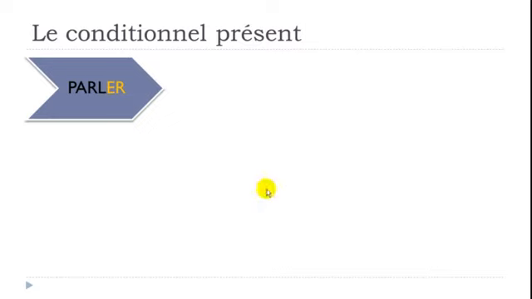So let's take the first example that we've got here. Parler belongs to the first group of verbs. Remember, we've got 3 in French. And the first group of verbs is ending with er, like here. Okay? So these verbs are regular. So that's good news, and normally that's the reason why we start with them.